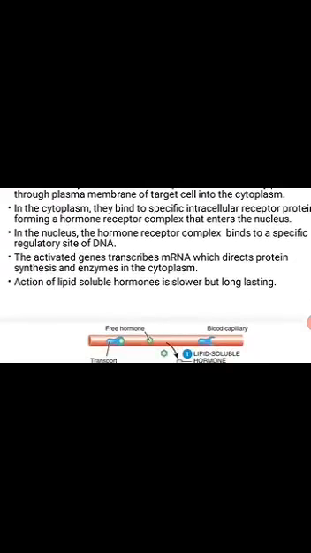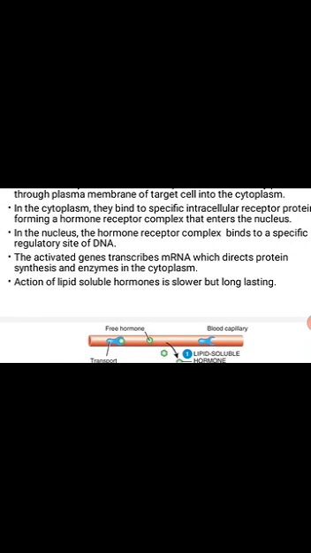In the nucleus, the hormone receptor complex binds to the specific regulatory site of DNA. So when this complex enters the nucleus, it binds with a specific site of the DNA.